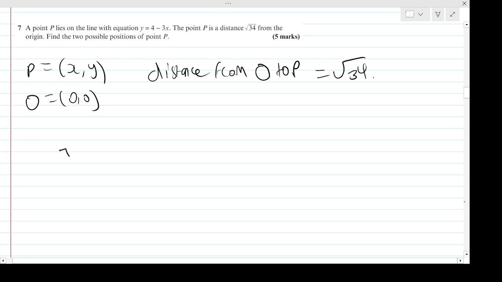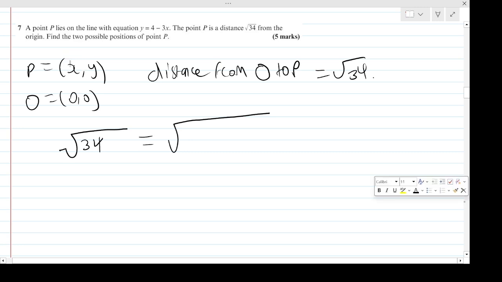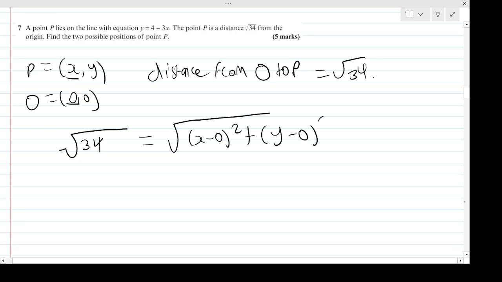So root 34 is equal to the square root of the change in x squared plus the change in y squared. If we take P first, the change in x is x take away 0, all squared, and the change in y is y minus 0, squared.